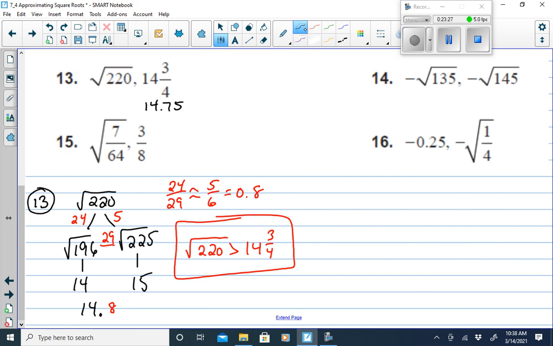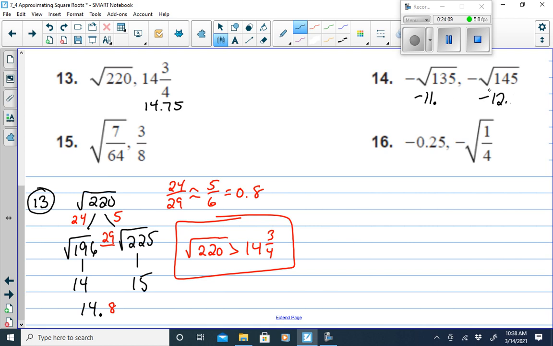All right, if we're doing problem 14, let's see. Well, the square root of 135, we know that 12 times 12 is 144, so this is negative 11 point something. We know 11 times 11 is 121, 12 times 12 is 144, so 135 is less than 144, and this is going to be 11 point something.